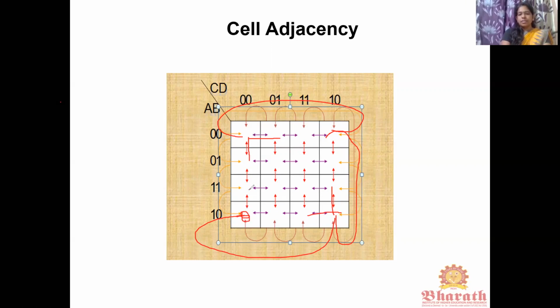For this, the adjacent cells are this one, and here last cell. For first, you can take your last cell. First cell, the adjacency is the last cell, and the next cell and the upward and downward cell. These are the adjacency.